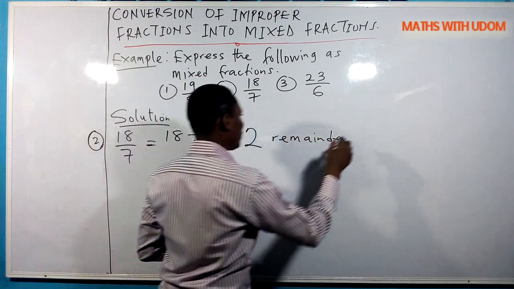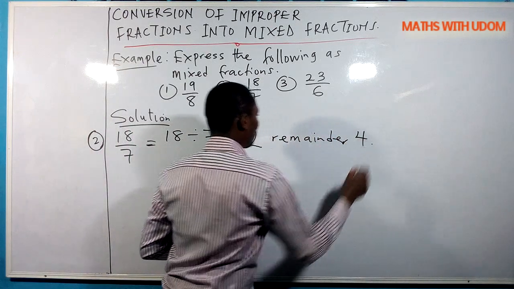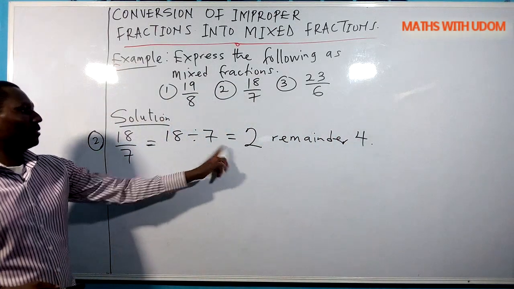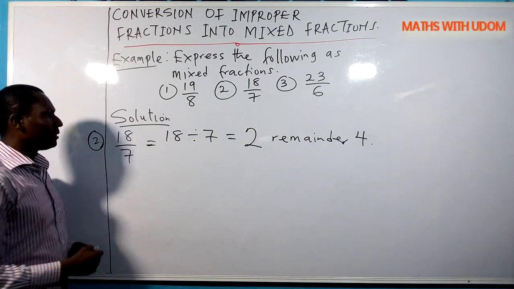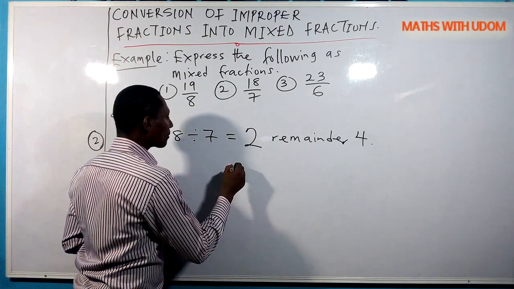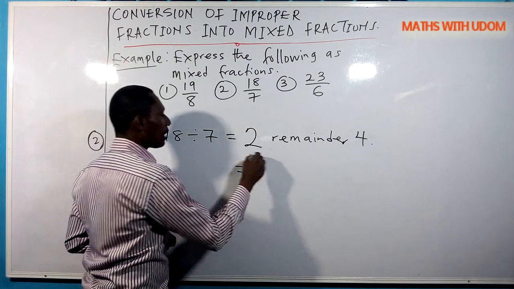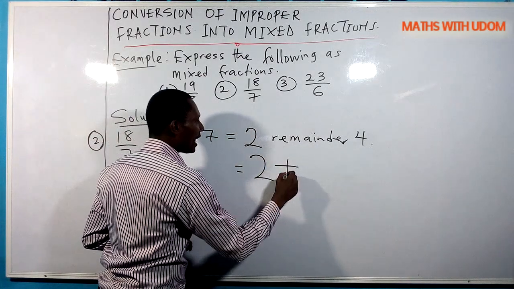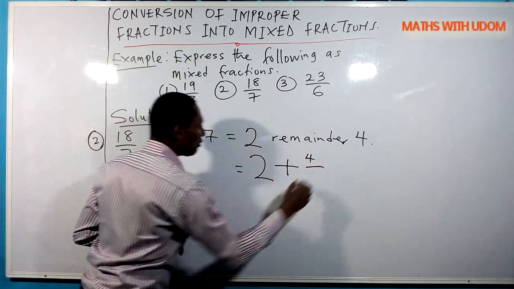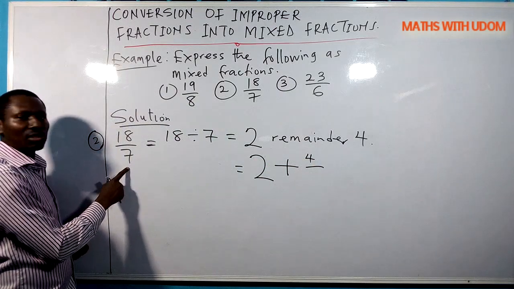Remember the remainder is 4. So from here we have 2 whole number, we add the remainder 4 divided by our denominator 7.